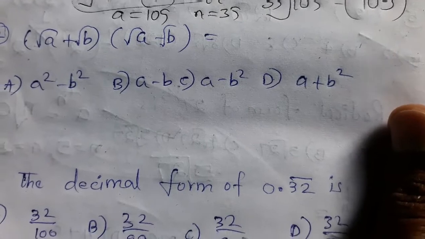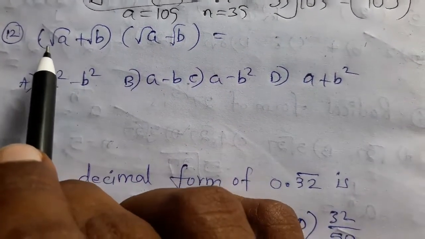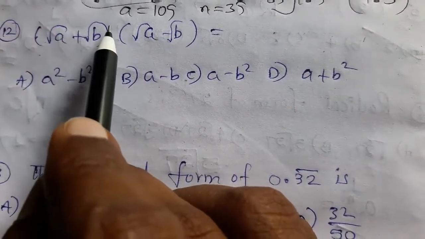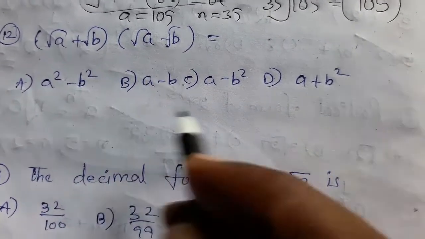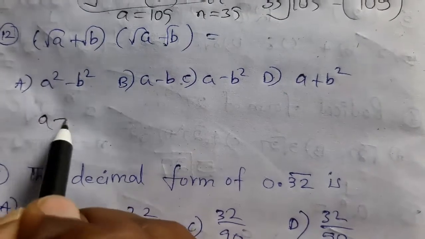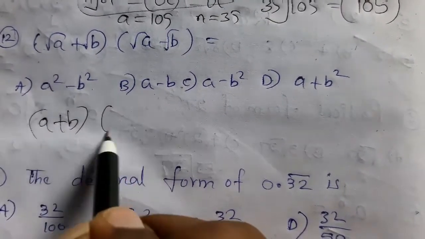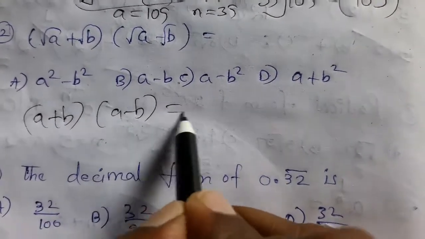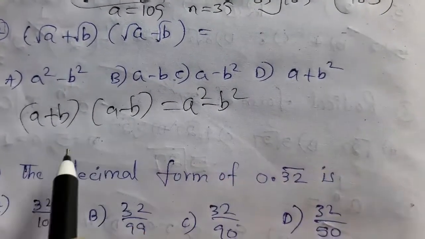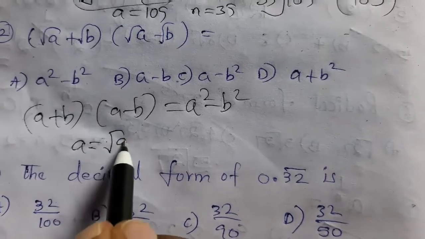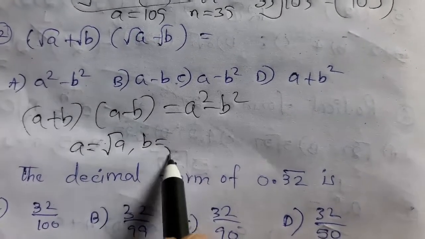Now move to the next question. See, under root a plus under root b into under root a minus under root b. There is a formula: a plus b into a minus b equals a square minus b square. Here the value of a is root a and the value of b is root b.